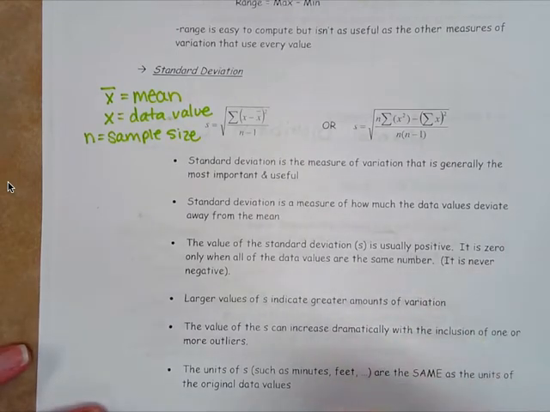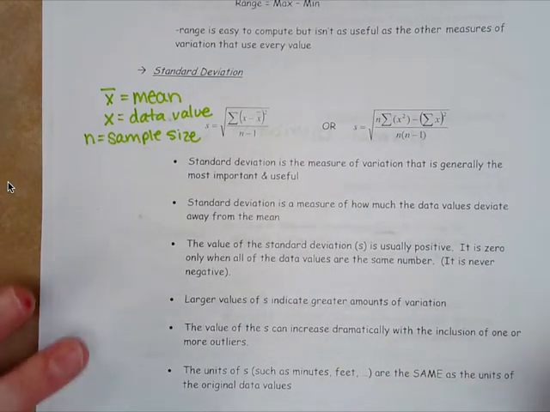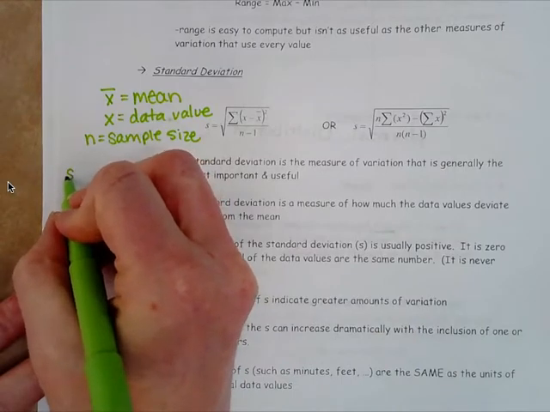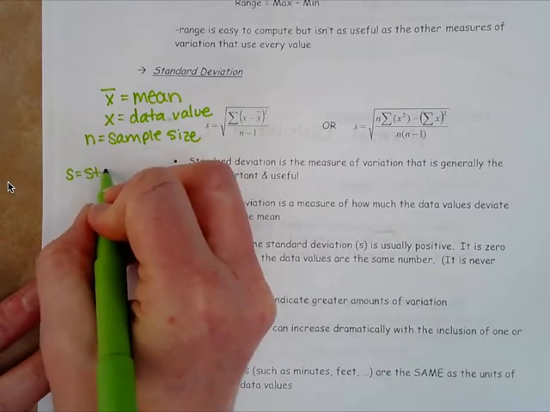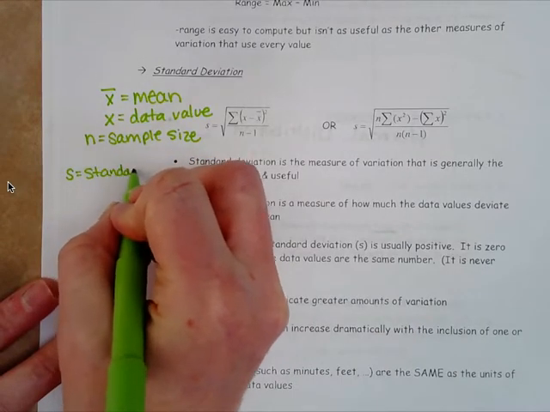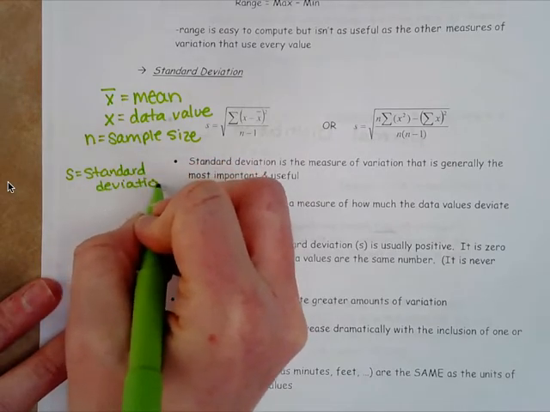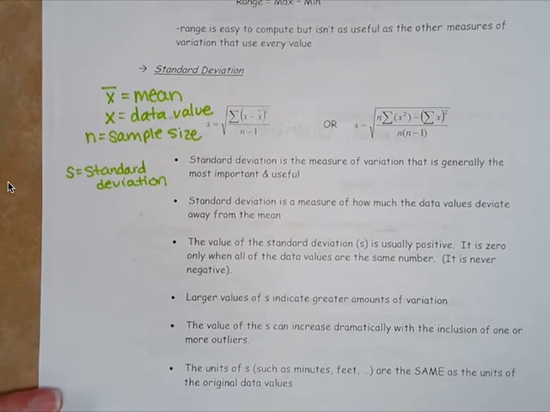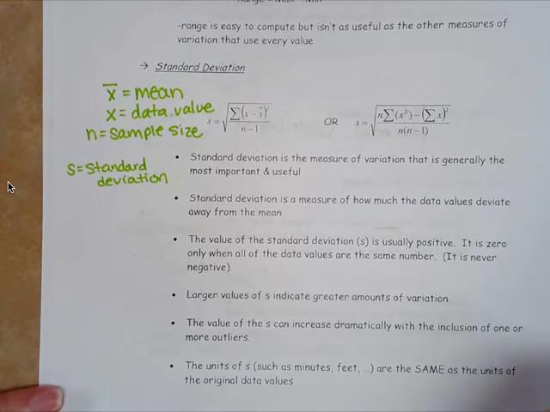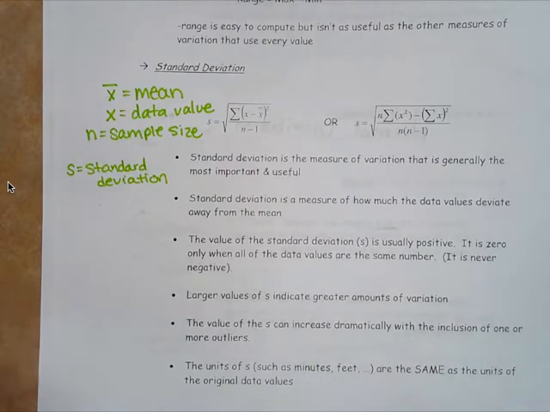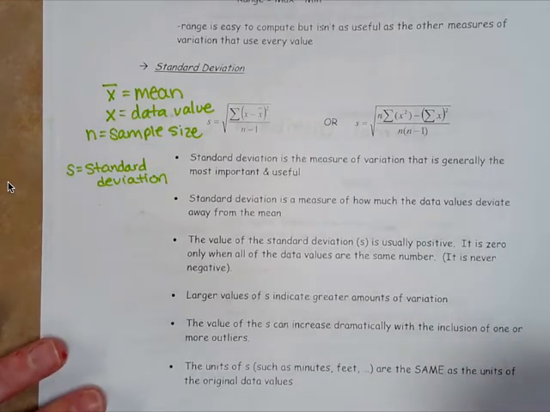And we're going to learn two new ones today. Little s, lowercase s, is your standard deviation. I'm going to refer to standard deviation sometimes as SD or just s.